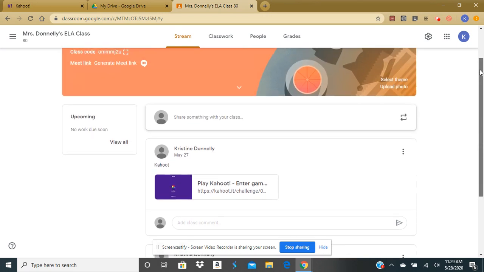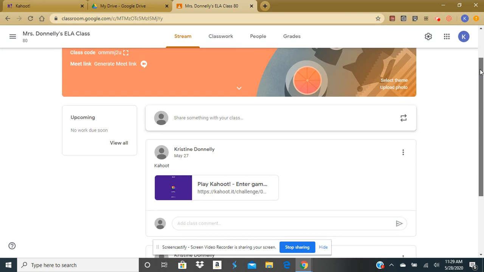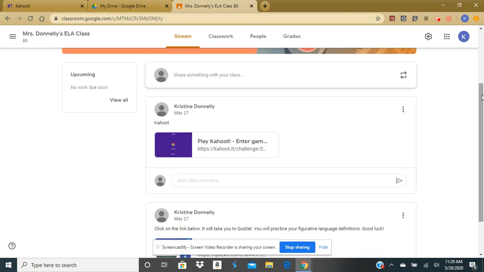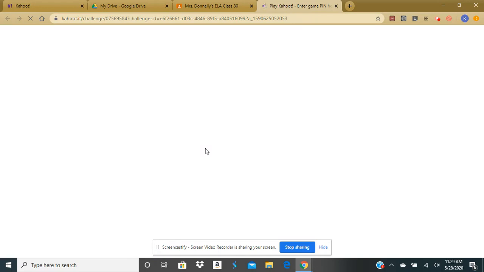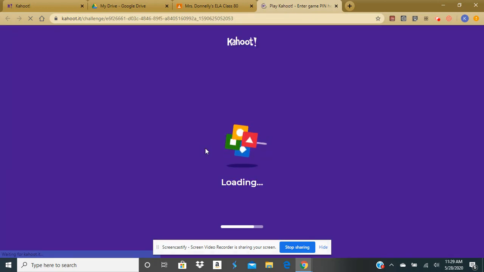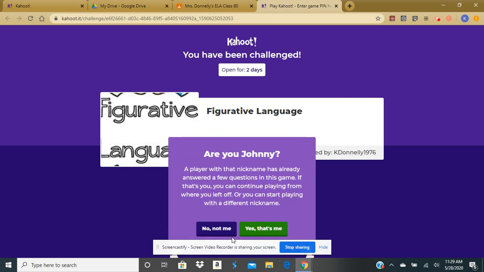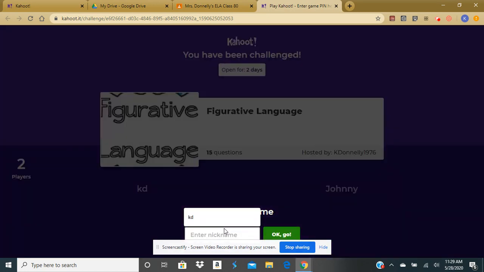Now we are going to practice identifying these types of figurative language, playing a fun game on Kahoot. What you will do, you will click on the Kahoot link in Classroom. And what we need to do is you need to put a nickname in.